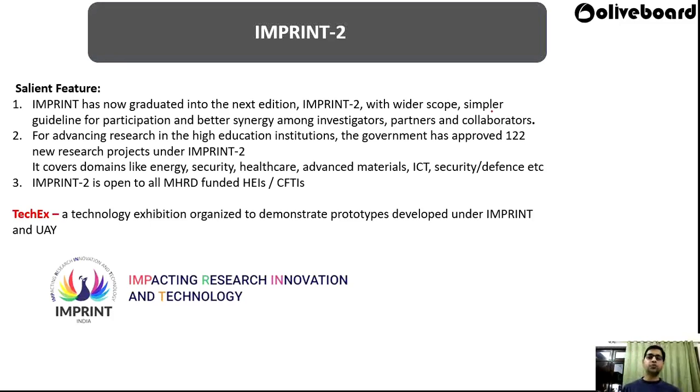So under IMPRINT 2 we have made the process much simpler. Earlier the process was a little complicated, but under IMPRINT 2 we have made it simpler, so that we can have better synergy among the investigator, partner and collaborator for advanced research in higher education institutions. It covers domains like energy, security, healthcare, advanced materials, ICT, defense.